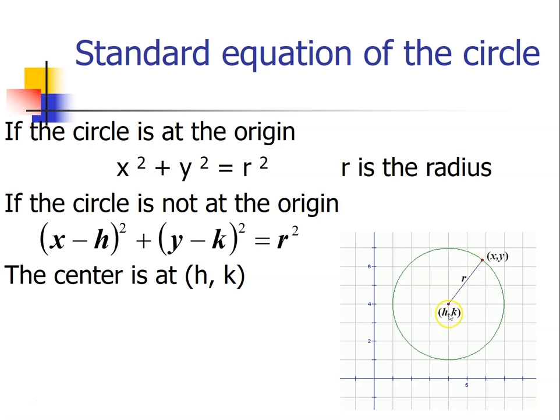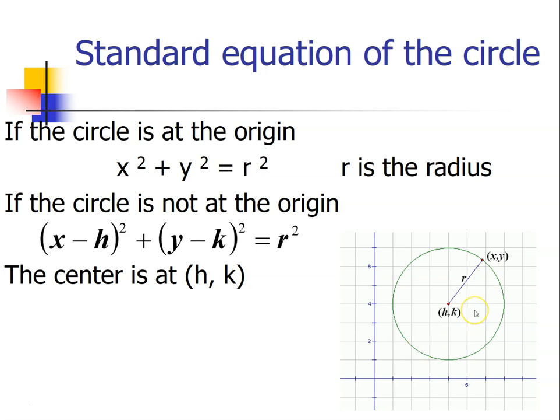Okay, the center is now h and k. So h and k denote the value of the center, the values of x and y. In the graph, we have the origin at (0, 0). But if we don't know, how can we find the center of the circle?